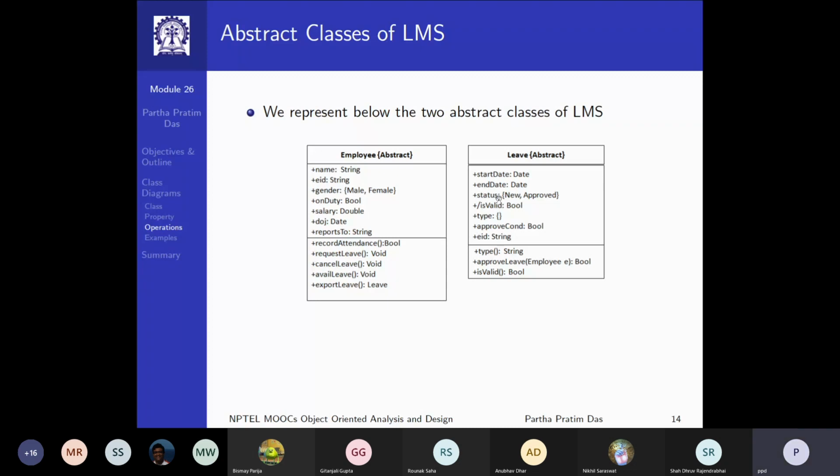Similarly, leave has a number of attributes like start date, end date, status, which can be new or approved. Is valid is a derived attribute, because as such you do not know whether it is valid unless you have performed an is valid method operation. Okay, so these are some samples of that.